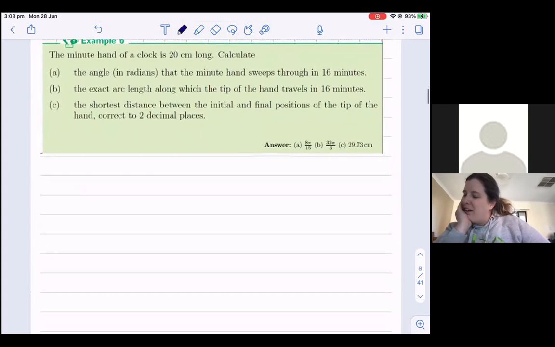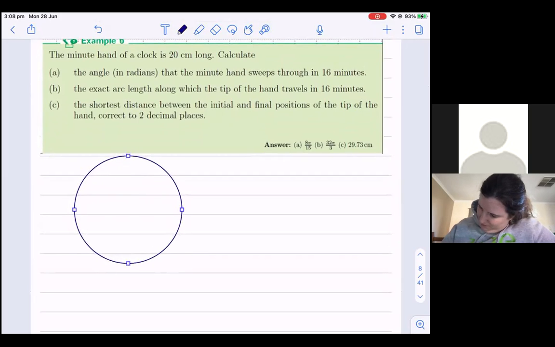The minute hand of, oh, I love these questions. The minute hand of a clock. I love them while I'm reading them. Minute hand of a clock, 20 centimeters long. If it's going 16 minutes, I'm just going to do minute hands, ignore the hours.